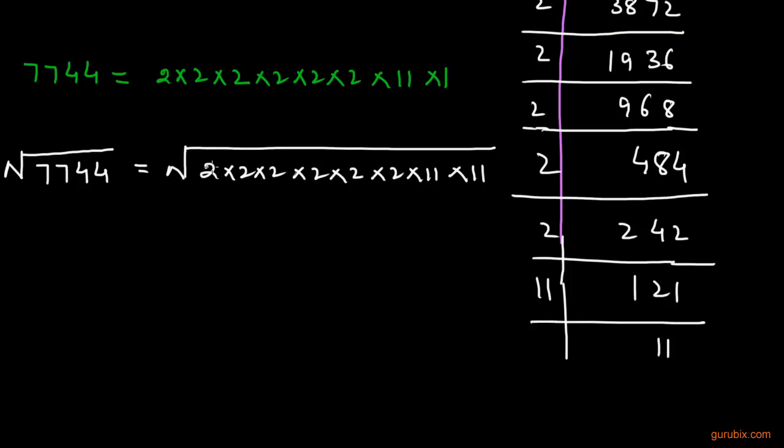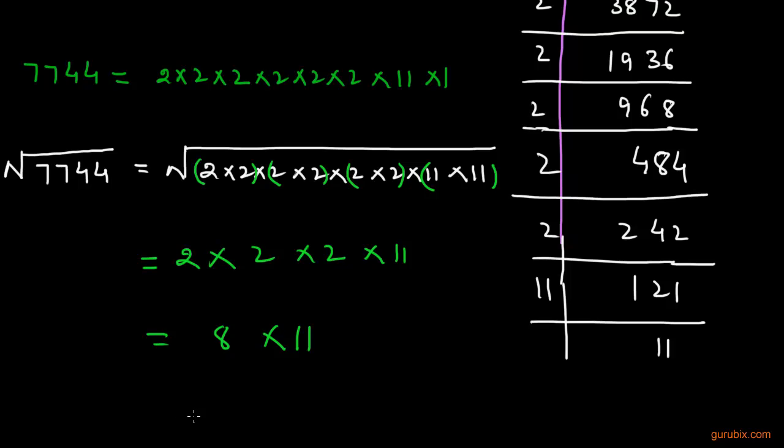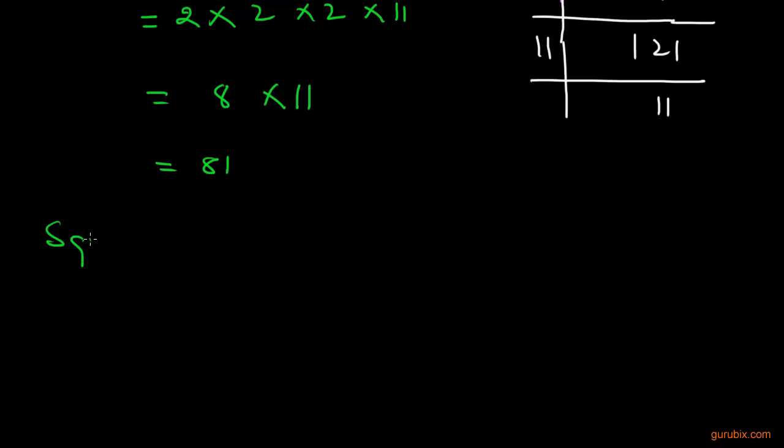We shall group them like this, and we'll take one factor from each pair outside of this sign of a square root. 2 from this pair, 2 from this pair, 2 from this pair, and 11 from this pair. And now we shall multiply these numbers, then it will be 88. So the square root of 7744 is equal to 88.